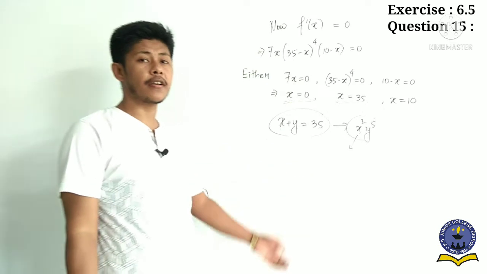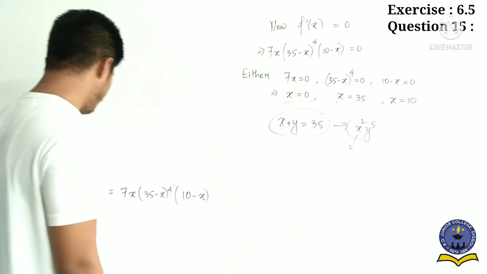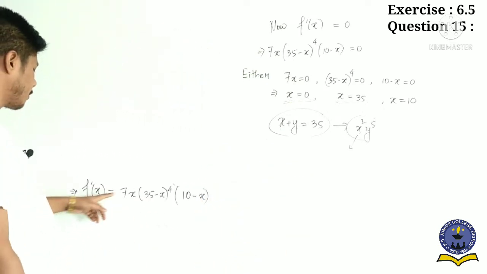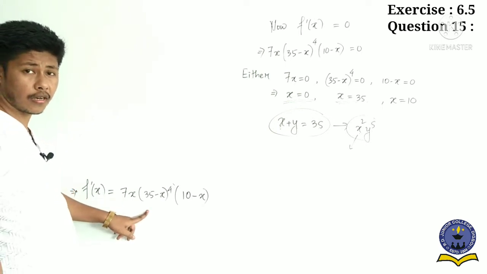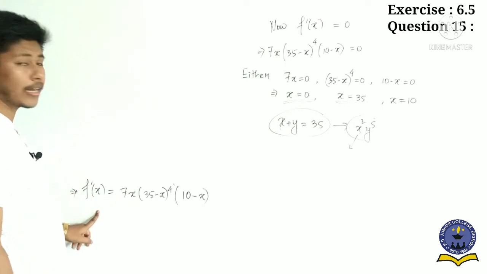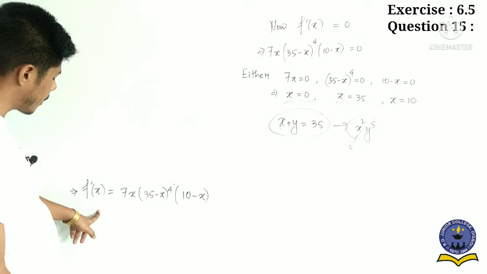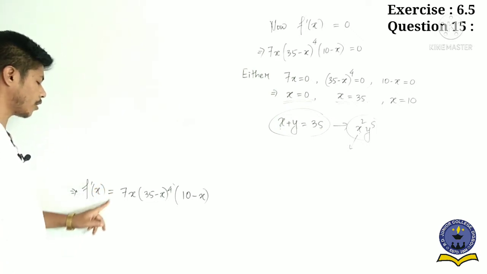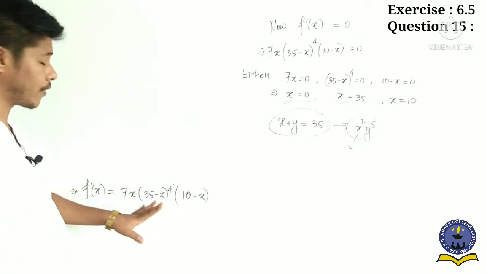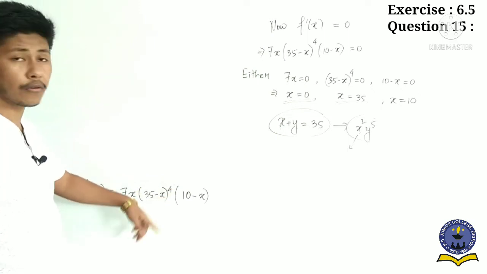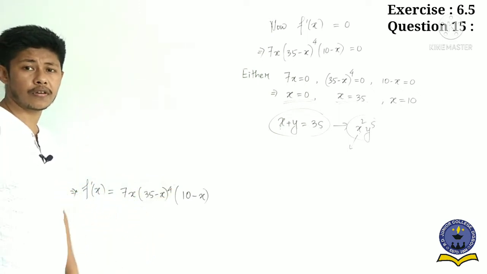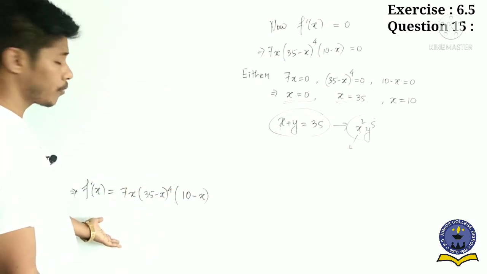We have to differentiate the function again. So we have to differentiate this result again. Now here we have to apply d/dx of u into v into w. Three functions when we differentiate. All of you know the formula, d/dx of u into v into w. So this formula we have to apply.